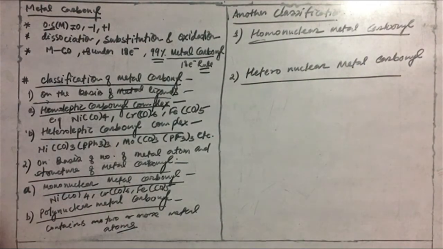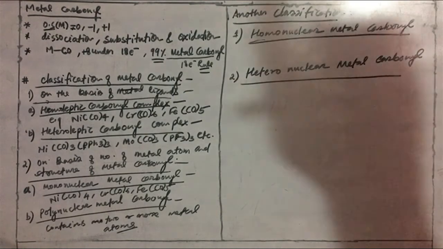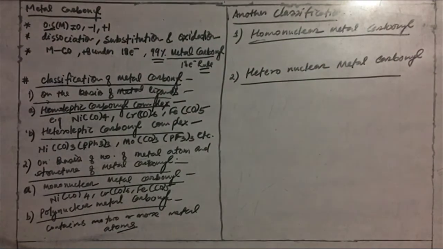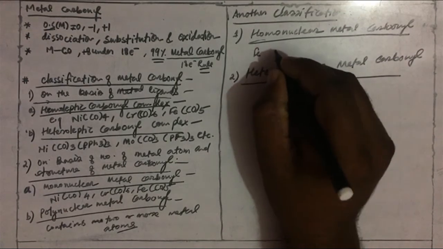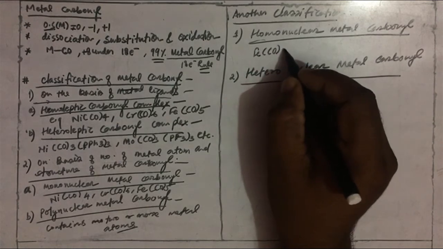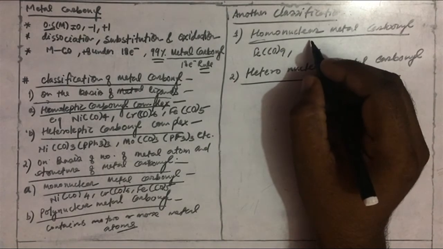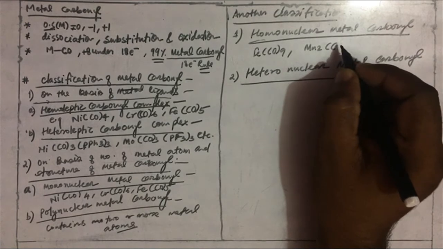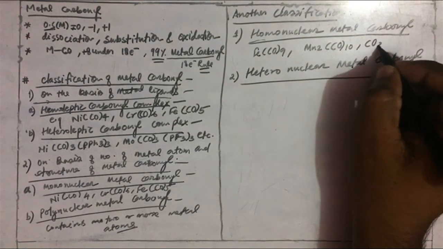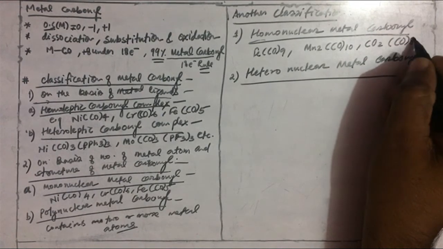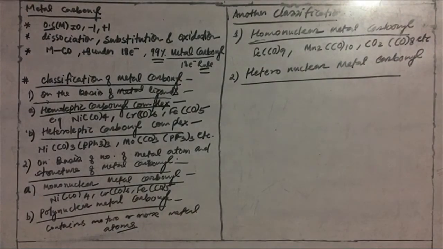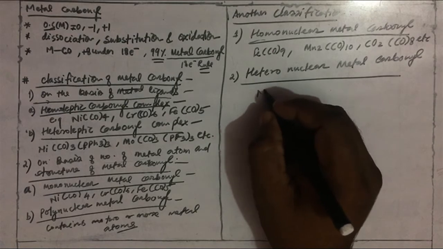So what is homonuclear metal carbonyl? Homonuclear metal carbonyl contains metal atoms of only one element, like examples of Fe(CO)5, Mn2(CO)10, Co2(CO)8, etc. And heteronuclear metal carbonyl contains metals of different elements, like examples, if you choose these examples only, MnRe(CO)10.